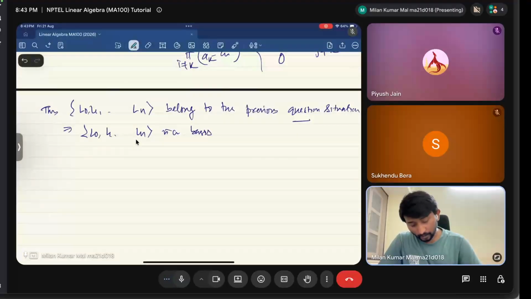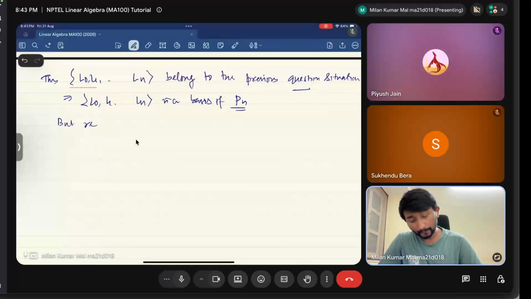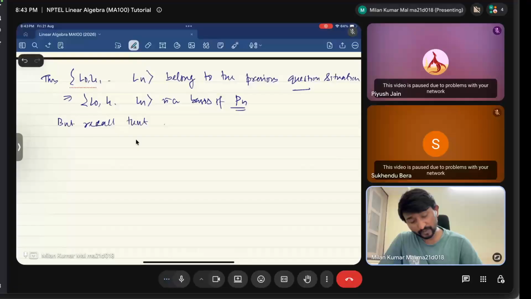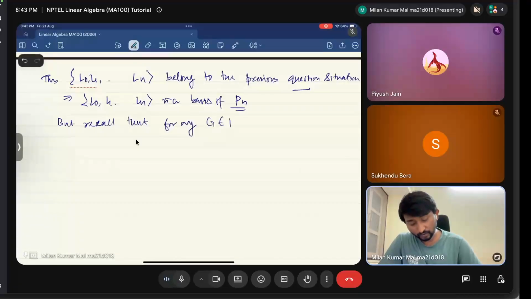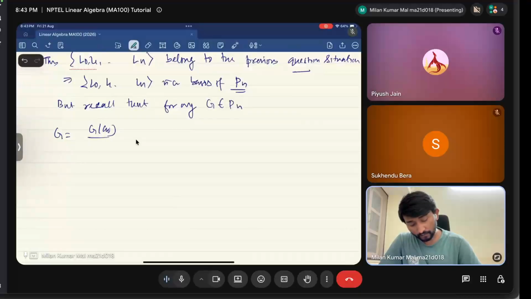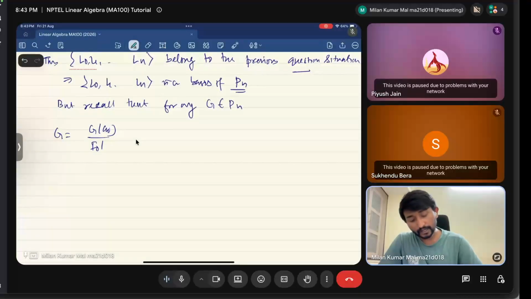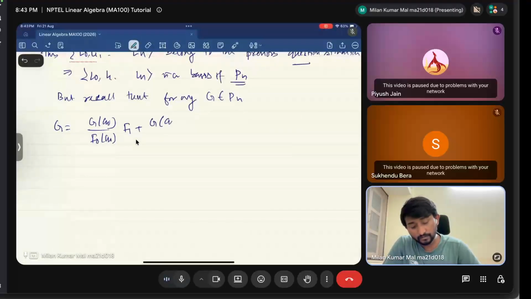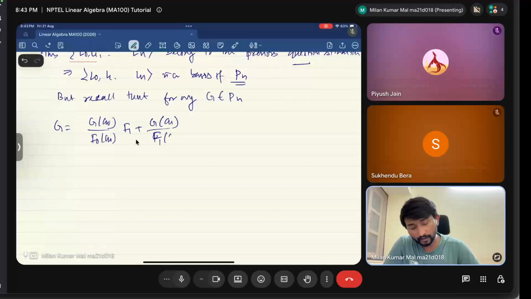But recall that for any g in the space Pn, we have written g as g(a naught) by f naught(a naught) times f naught, plus g(a1) by f1(a1) times f1, plus all the way g(an) by fn(an) times fn.